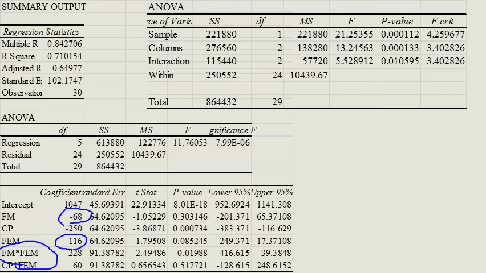But before I do, I want to point out that the two-way ANOVA table showed a significant interaction between occupation and gender. Therefore, we'd better see at least one of the interaction variables be significant in the regression.